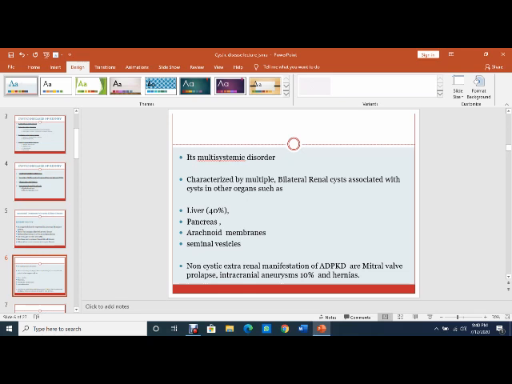In 40% of persons the liver is involved. Non-cystic extrarenal manifestations are cardiac problems such as mitral valve prolapse, CNS problems such as intracranial aneurysm in 10%, and abdominal hernias.